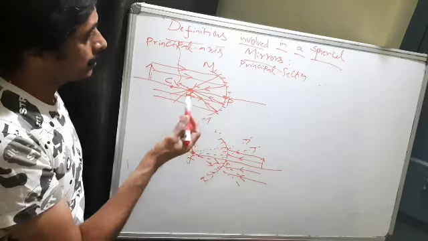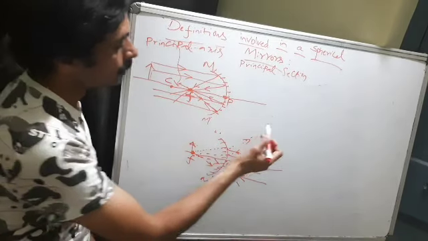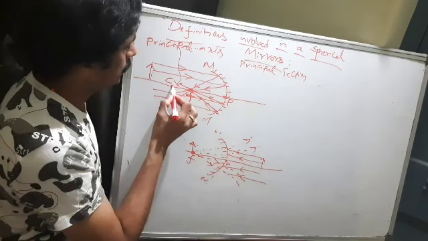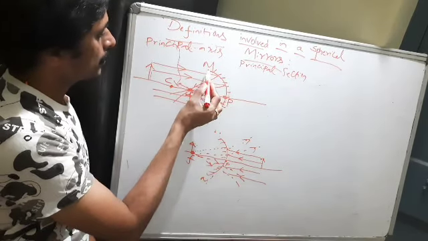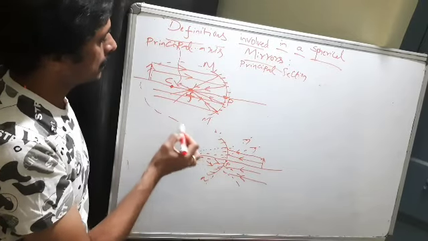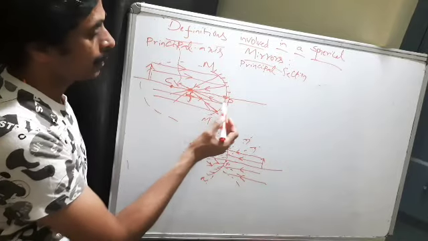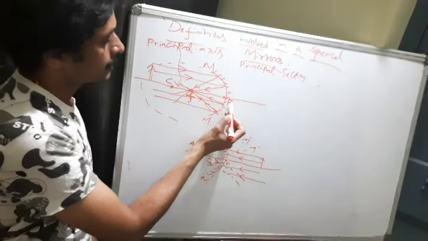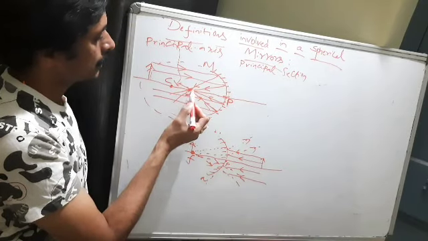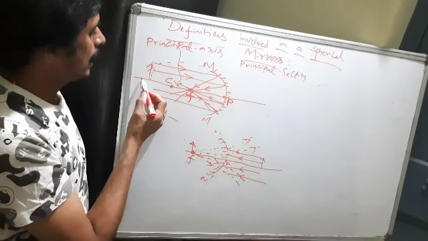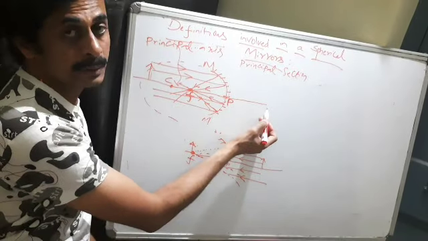So the basic definitions: the center of the mirror, or else we can call this the center of the sphere, is represented by C, and the midpoint of the mirror is called the polar vertex. Third definition is principal axis, the line that passes through the center and the pole or vertex.